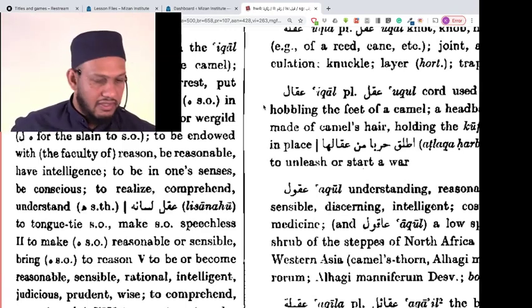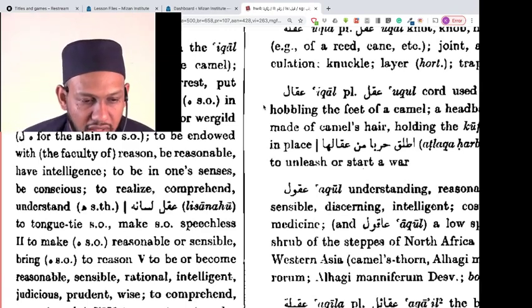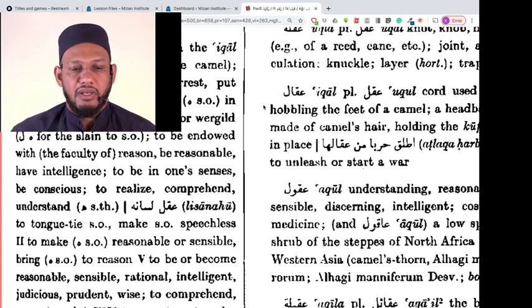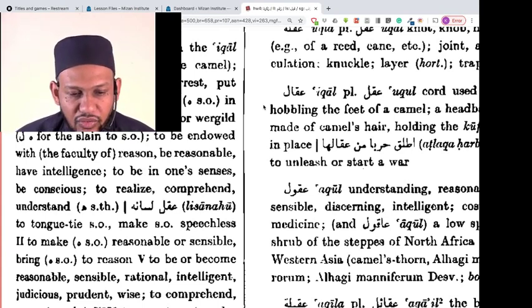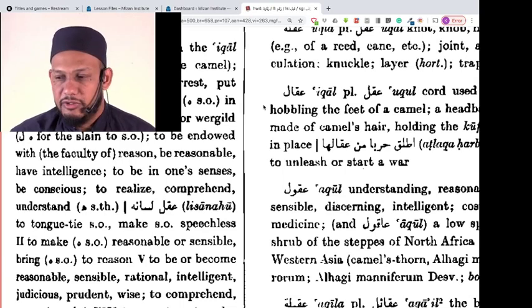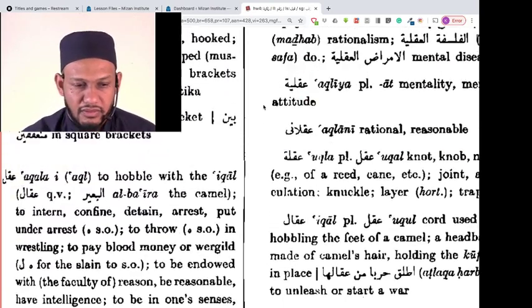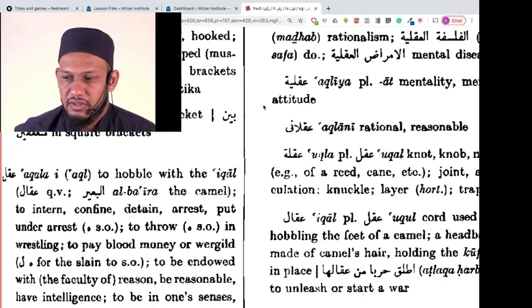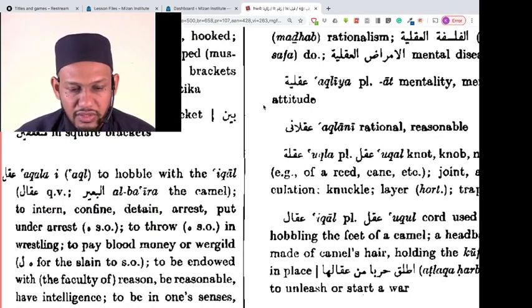The first meaning they give here is that the verb aqala means to hobble with an iqal, referring to a camel. I'll come back to it now, inshallah.